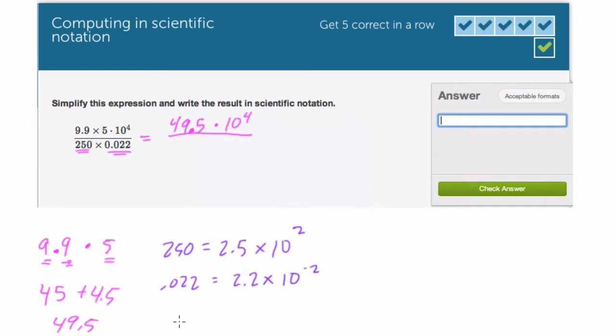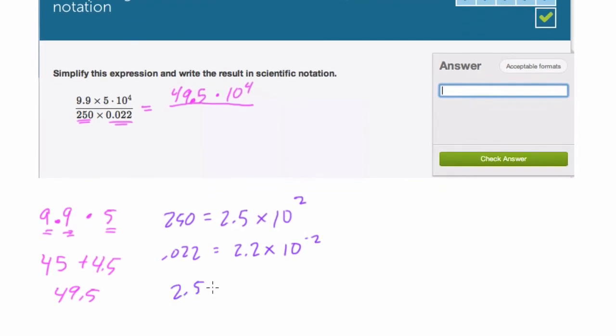And we're multiplying these two together, right? So 2.5 times 10 squared times 2.2 times 10 to the negative second power. And this seems difficult, except we can shift things around, right? I'm going to multiply 10 squared and 10 to the negative second power.